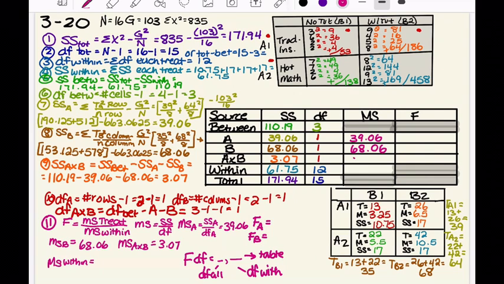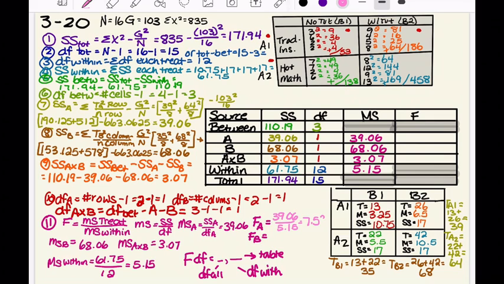Our mean squares should be relatively easy to calculate because all of our denominators are 1, so we'll copy our sum of squares over into our mean squares. Then we'll calculate our mean squares within and use that to determine our F ratios.